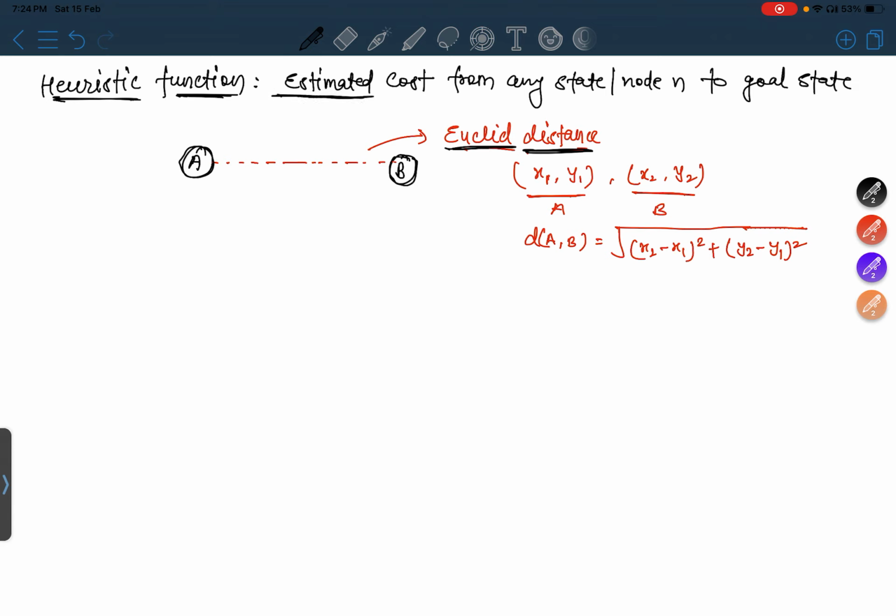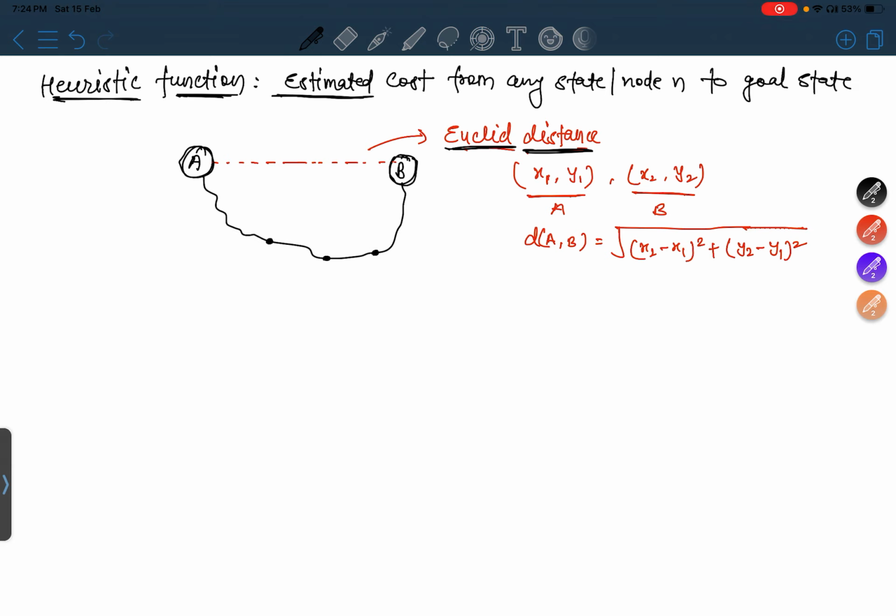We are not worried about the actual cost, because the actual cost might be very large, as the path you are following might go through different cities along the way. But we are only talking about an estimation, so that we get an idea whether the action we are about to take leads us closer to our goal or farther away from the goal, right?